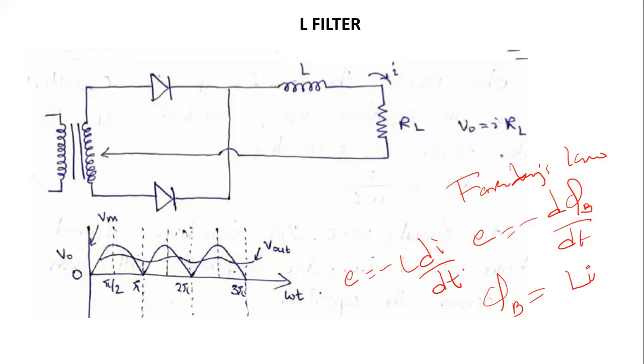Now, if you connect an induction coil in series with the load resistance like this, see, this is a series connection. The usual output of a rectifier increases to its peak value, decreases to 0, increases to peak value, decreases to 0, and so on.